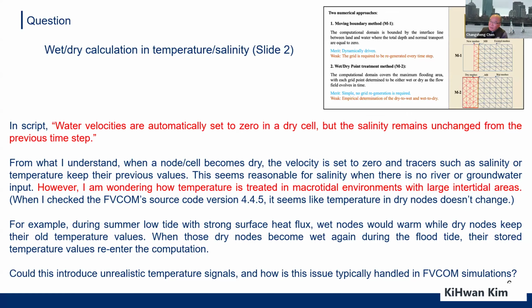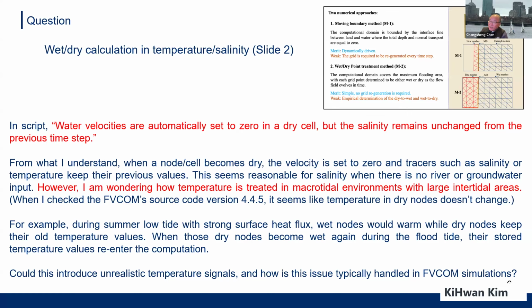I fully understand that, but in Korea, before, a professor from Inha University, Professor Choi, used FVCOM for the wetland, and he did the measurement. He calculated the temperature of the soil or the sediment in the wetland.